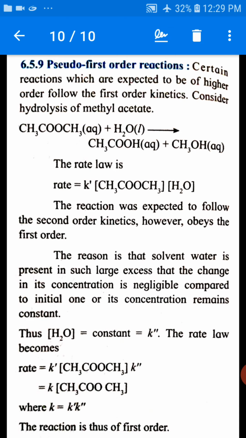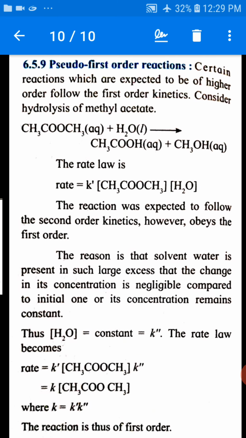The rate law is therefore rate equal to K dash into concentration of CH3COOCH3 into concentration of H2O.